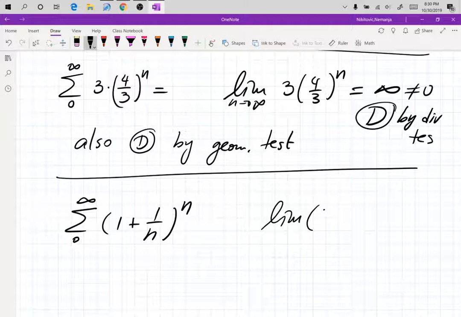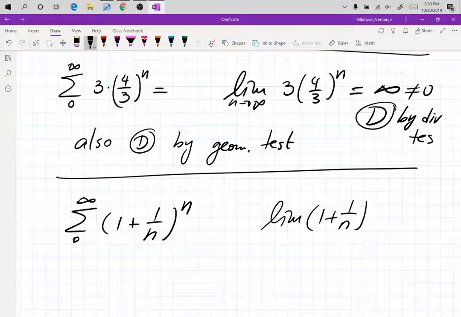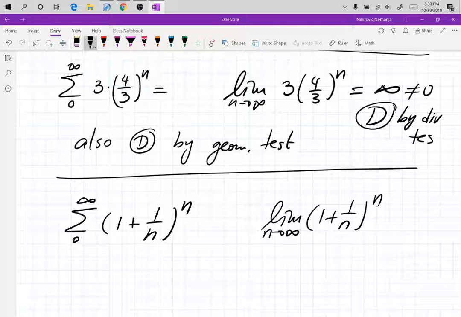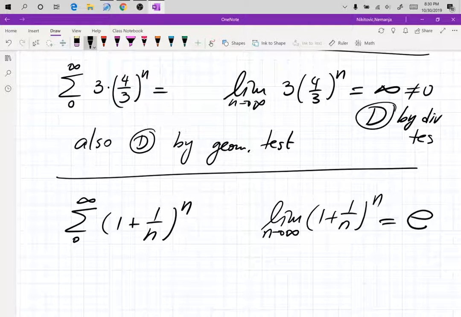Limit of (1 plus 1 over n) to the n as n goes to infinity. Nope. This is equal to what? 1? No. e. Yes. Not 0. Diverges by divergence test.